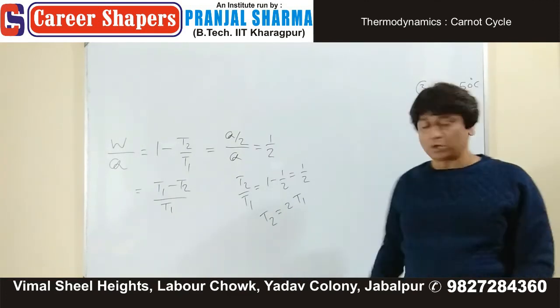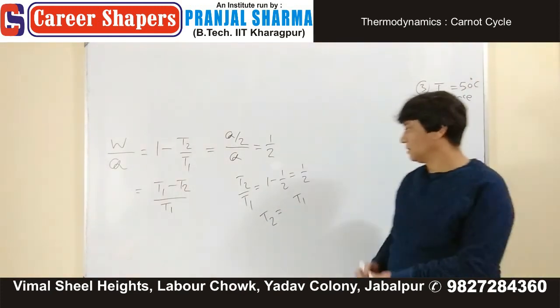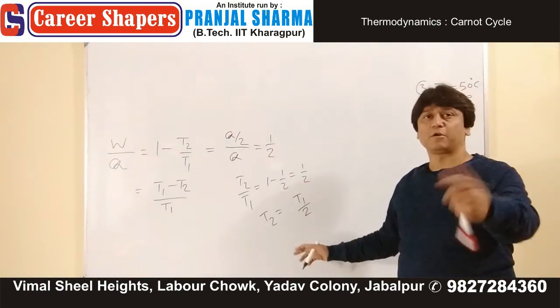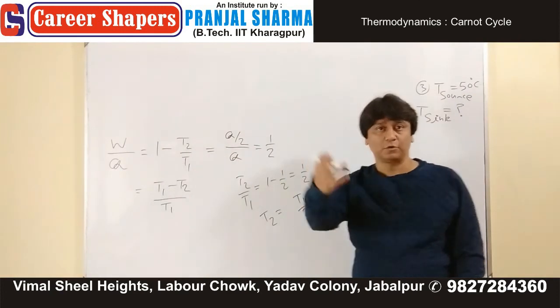This is not 2T1. T1 by 2. T2 can never be 2T1. Temperature of sink can never exceed that of source.